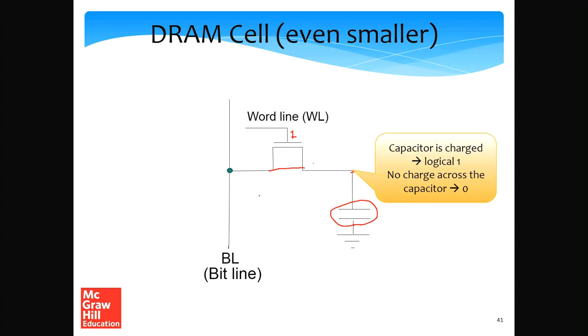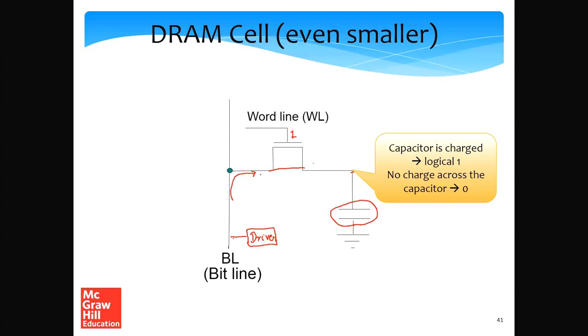Also for writing, when we write, we connect a driver circuit to the bit line. The connection is again done with the help of a transistor switch, and the driver circuit can do one of two things. If it pumps charge into the capacitor and its potential increases, then we are trying to write a logical 1.